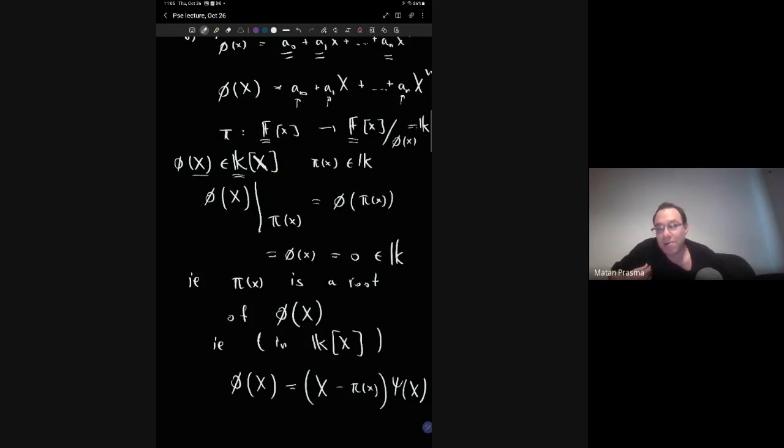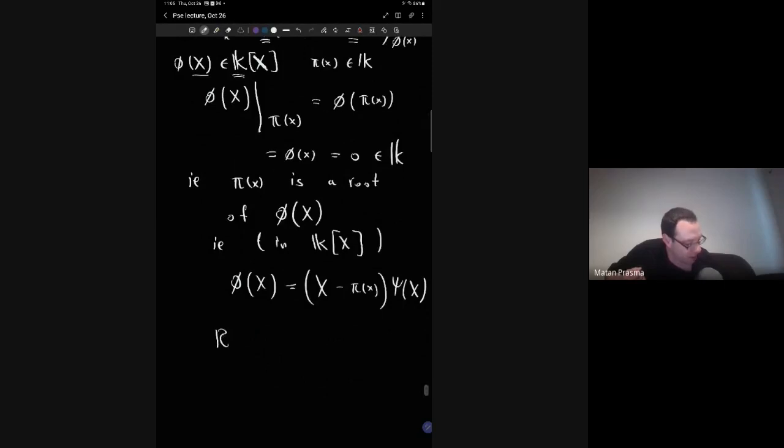So what I did is something very similar to when you pass from R into C. In R, you can look at the polynomial x squared plus 1, a prime polynomial over R, but once you add a root, in C it decomposes as x minus i, x plus i.